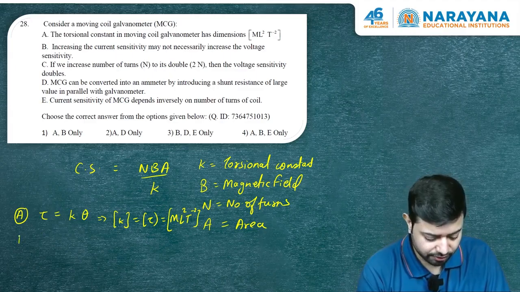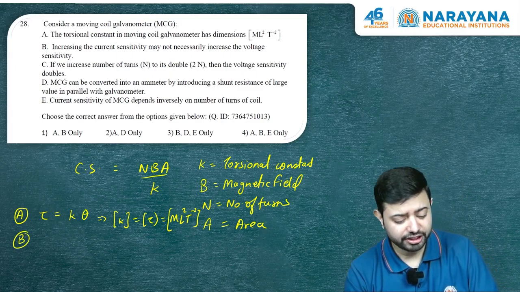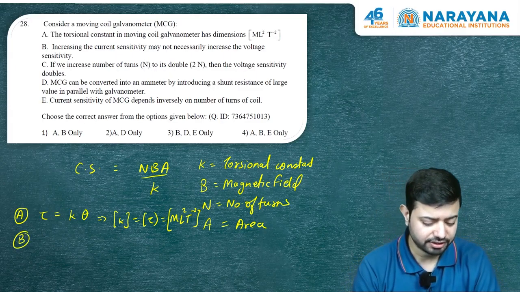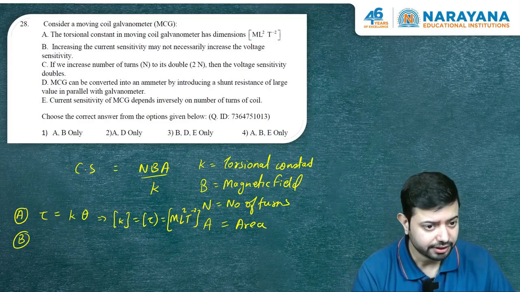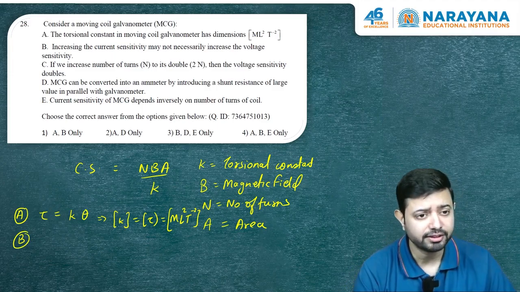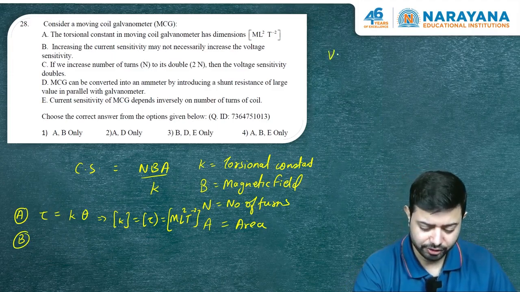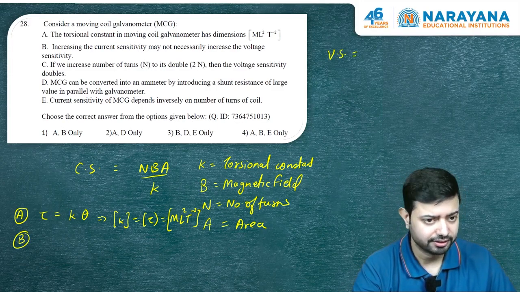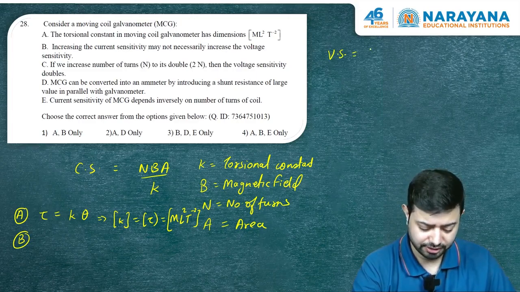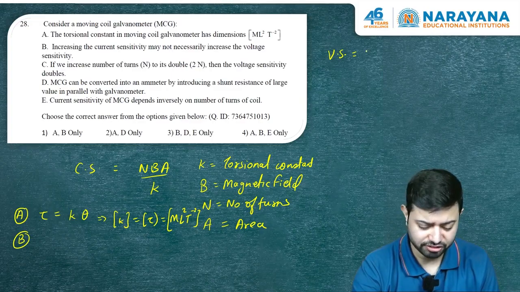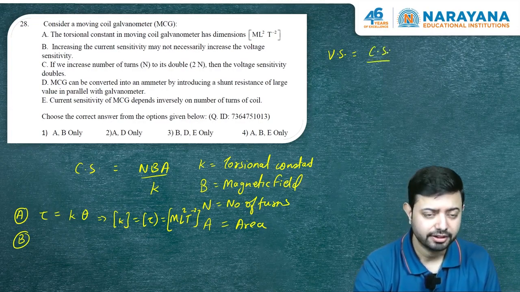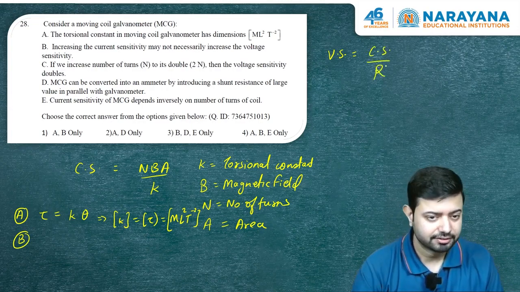Then the next option: increasing the current sensitivity may not necessarily increase the voltage sensitivity. We have seen the formula of current sensitivity. What about the voltage sensitivity? Voltage sensitivity is nothing but current sensitivity divided by the resistance.